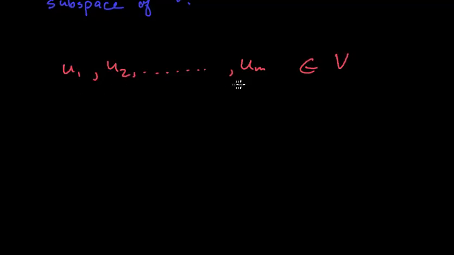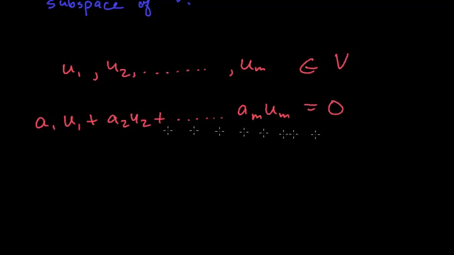Then these vectors are said to be linearly dependent if, let's say we have an equation where all the a's are the scalars: a1 u1 plus a2 u2 plus up to am um. Let's say we solve this equation.